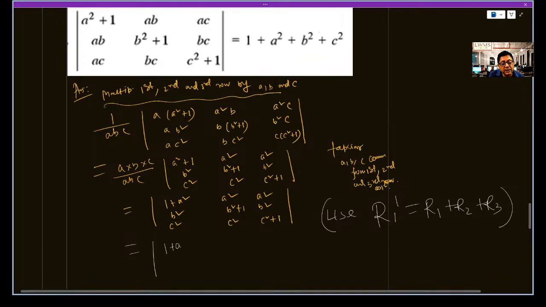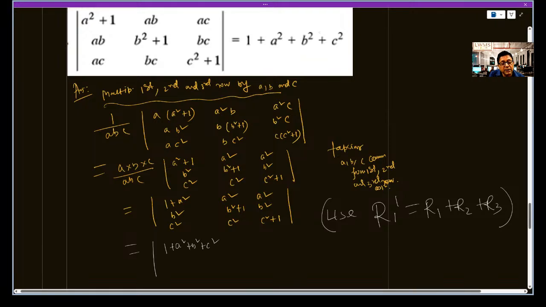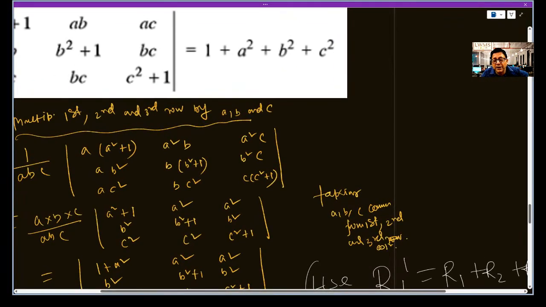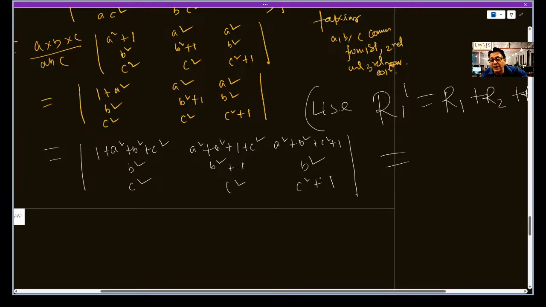It's coming easily, isn't it? Once you understand properties, then it will be very interesting to apply determinant sums. But this is just starting. So many things to explore in determinants. C square plus 1. Now take 1 plus A square plus B square plus C square as common.